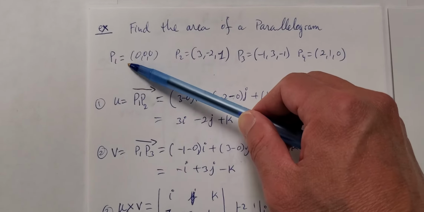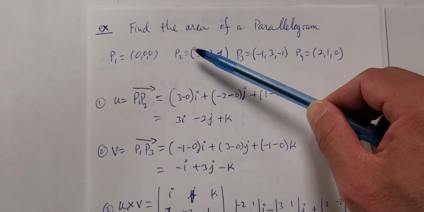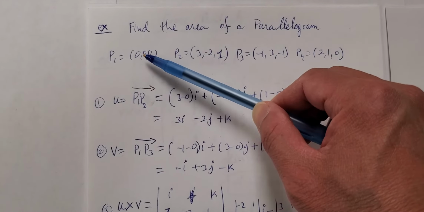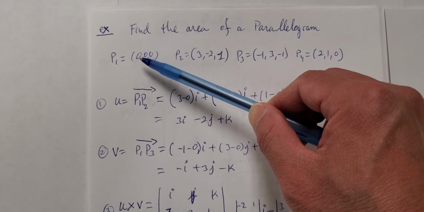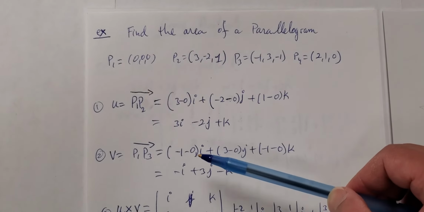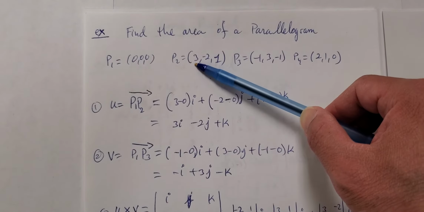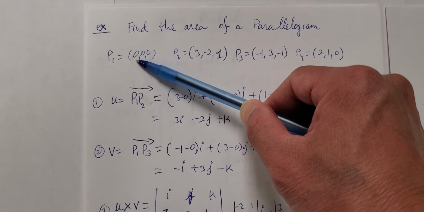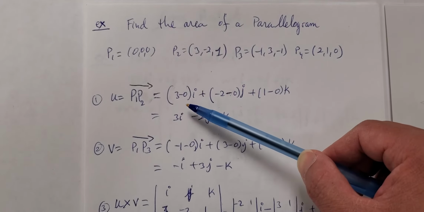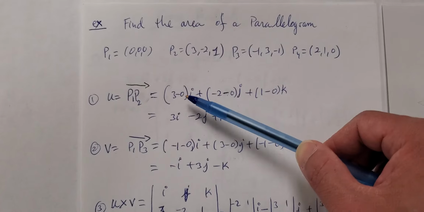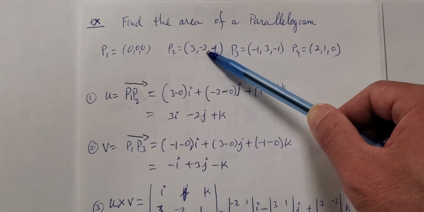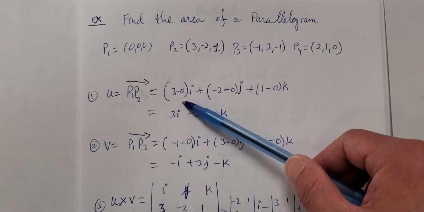The first vector is from point 1 to point 2. So x2 minus x1. Sometimes there's a minus here, so that becomes plus. So be very careful of that.